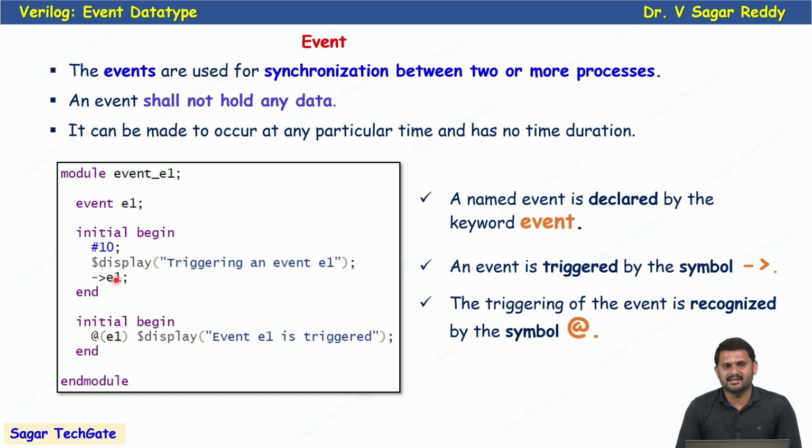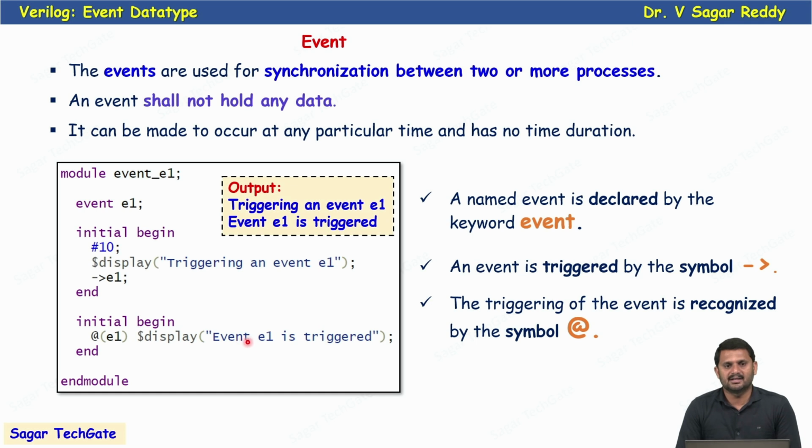After triggering event E1 and completing that initial block, we immediately go to the other initial block, where at the rate E1 is satisfied, so it executes the display statement: event E1 is triggered. First this display statement, and after that this display statement. The statement after the at the rate E1 executes only after this event occurs.